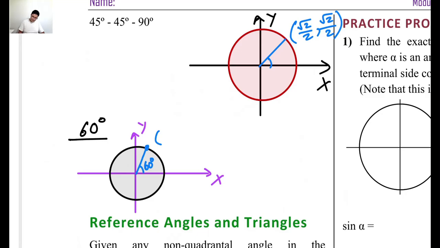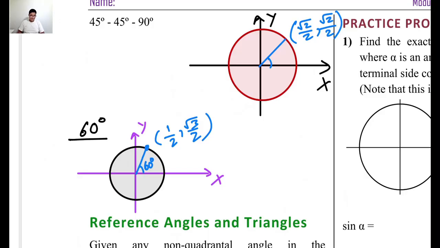Then the coordinates of that point would be the opposite, 1 over 2, root 3 over 2, compared to 30 degrees. The x and y will interchange, as you can imagine. These coordinates are the ones that you should have handy. Either you should memorize them, I would recommend, but I'm not insisting. Otherwise you should have this diagram in your note cards, with the values of the trigonometric functions, with the values of those coordinates at different angles.